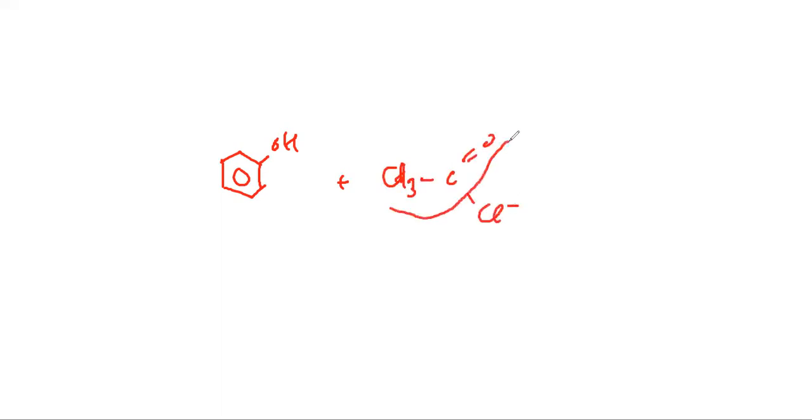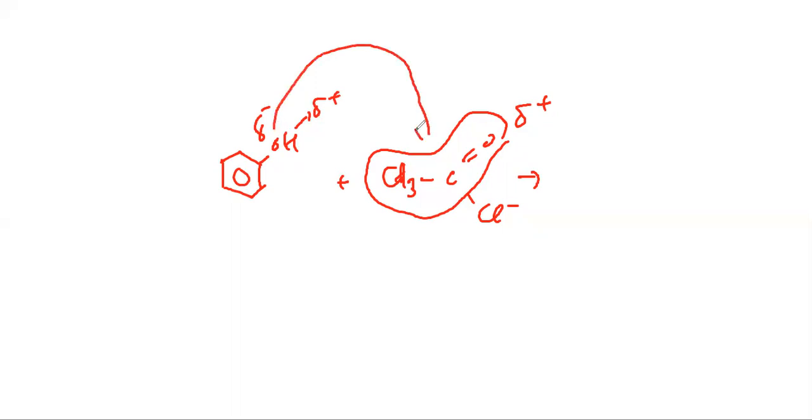This is the acid part and this is the chloride. This one is negative and the other one is positive. Again, O is negative and H is positive. So O will pick this group, and then Cl will pick this H. Now you have a substitution reaction.